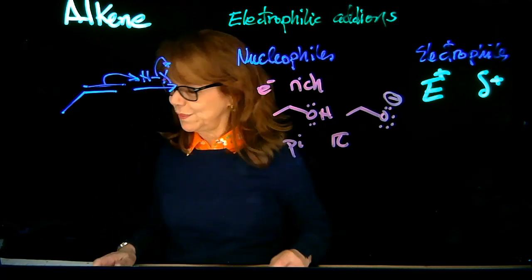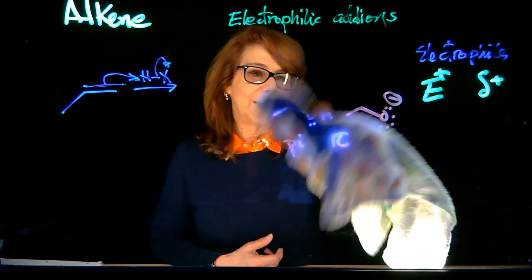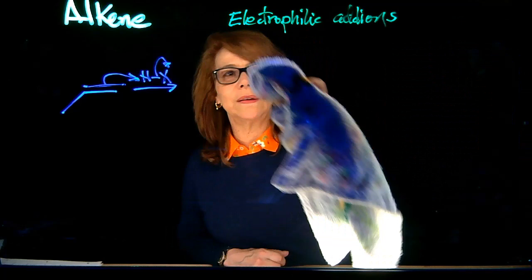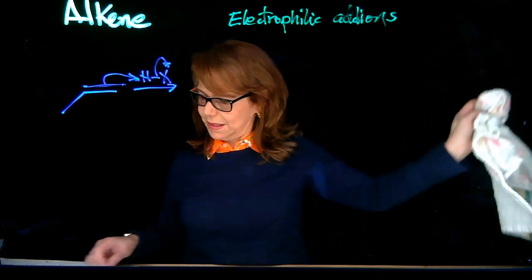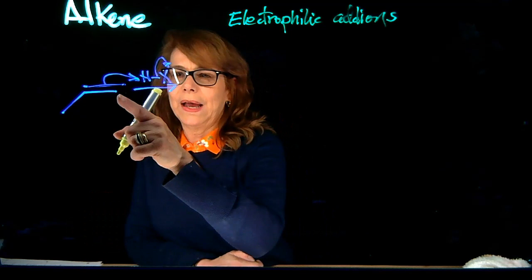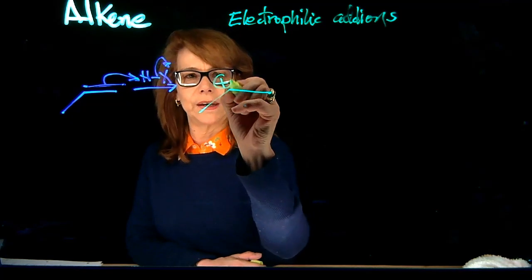Since I don't have room, I'm going to erase what I have here on the right-hand side. So what is resulting from that? The result is that I'm adding an H and creating an intermediate.